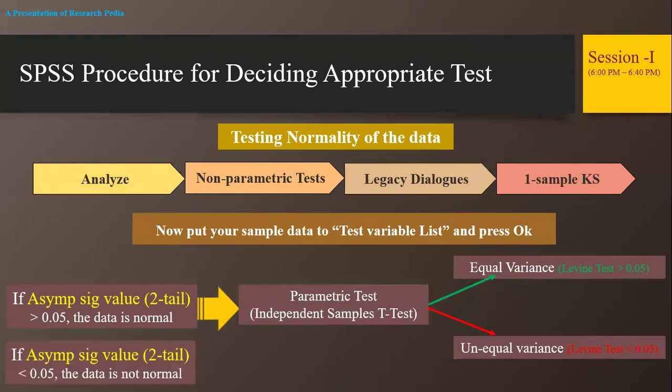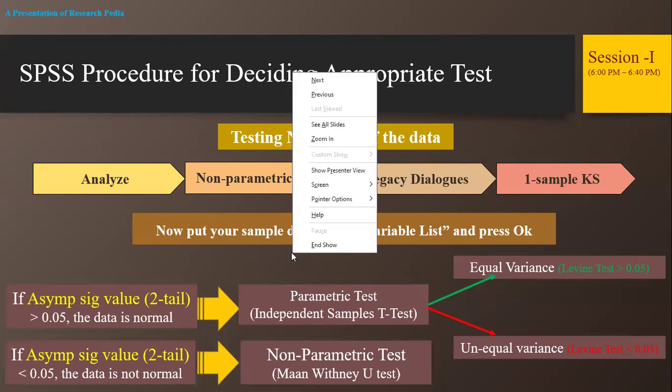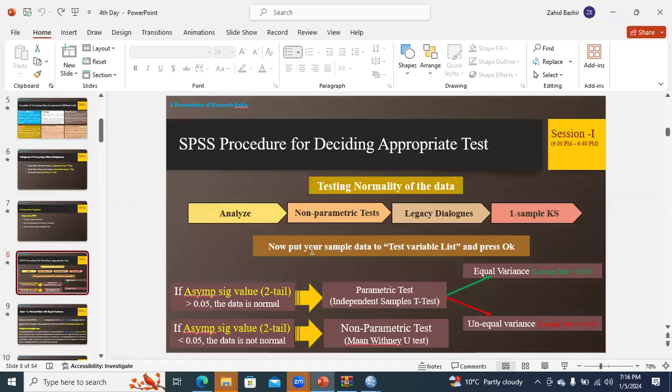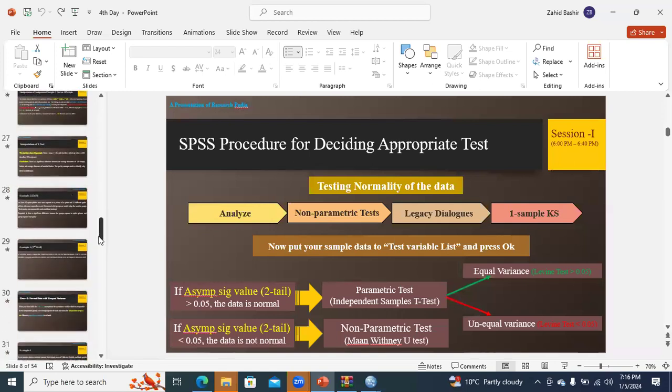But if your data is not normal, which is our case number 3, we proceed to the non-parametric test, that is the Mann-Whitney U test. So we are going towards this procedure, how we can apply the non-normal data procedure with two groups mean comparison. So here it comes.